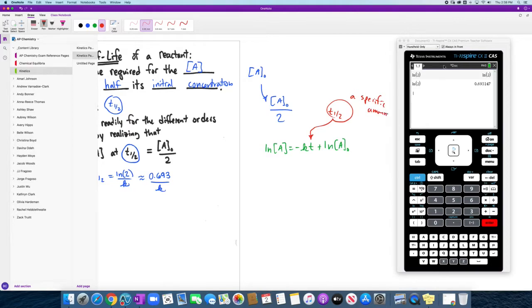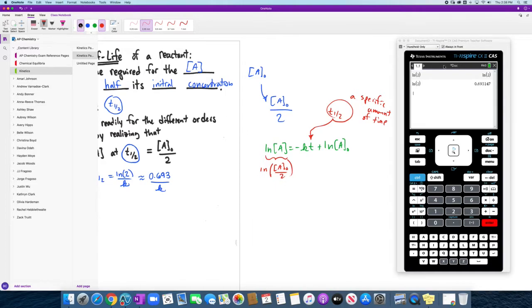Okay, so even though we don't know what that is, we substitute in t subscript 1/2 for t. And if that's true, then automatically this other variable becomes defined as well. This entire thing becomes the natural logarithm of, parentheses, A initial divided by 2.